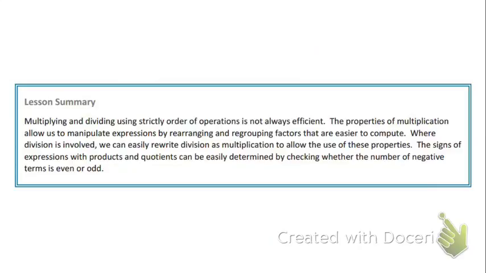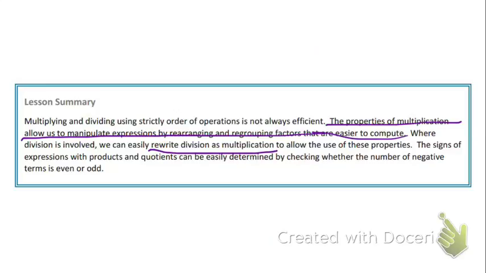Okay. But anyway, here's our lesson summary here, and multiplying and dividing using strictly orders of operations is not always efficient. Okay, not always efficient. The properties of multiplication allow us to manipulate expressions by rearranging, regrouping factors that are easier to compute. Where division is involved, we can easily rewrite division as multiplication using our reciprocal rule to allow us to use these properties.